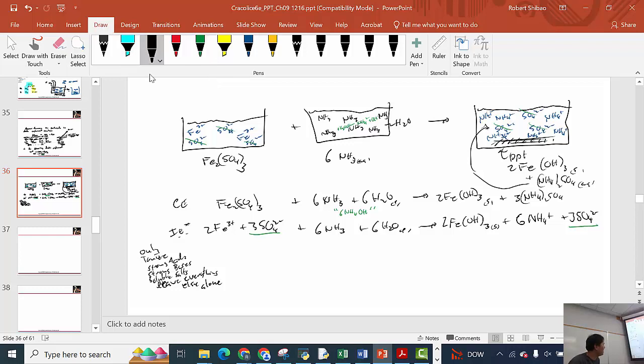And so in the net ionic equation, we get rid of the spectators and just look at what's reacting. What's reacting is 2 iron 3s, shown here, iron 3 and an iron 3, reacting with 6 ammonias and 6 waters to form 2 iron 3 hydroxides plus 6 ammoniums.